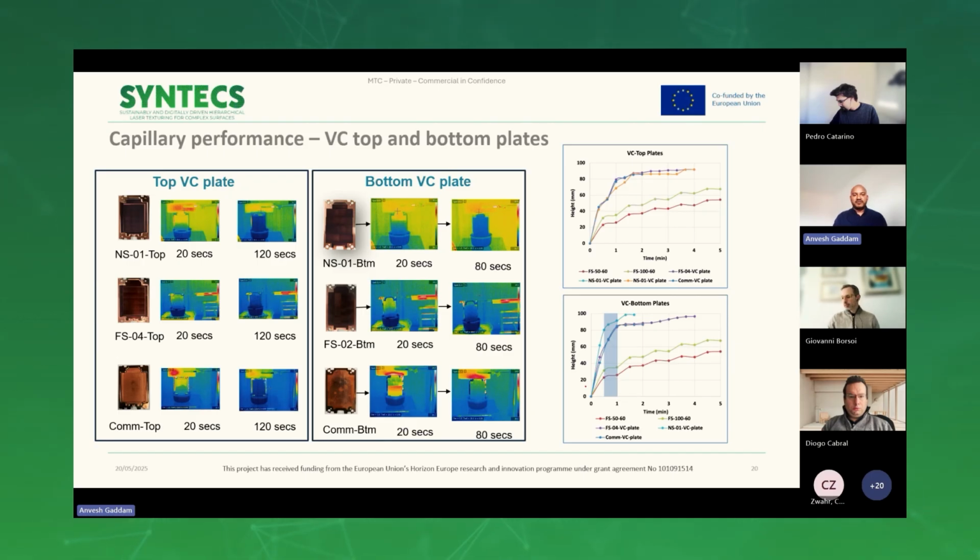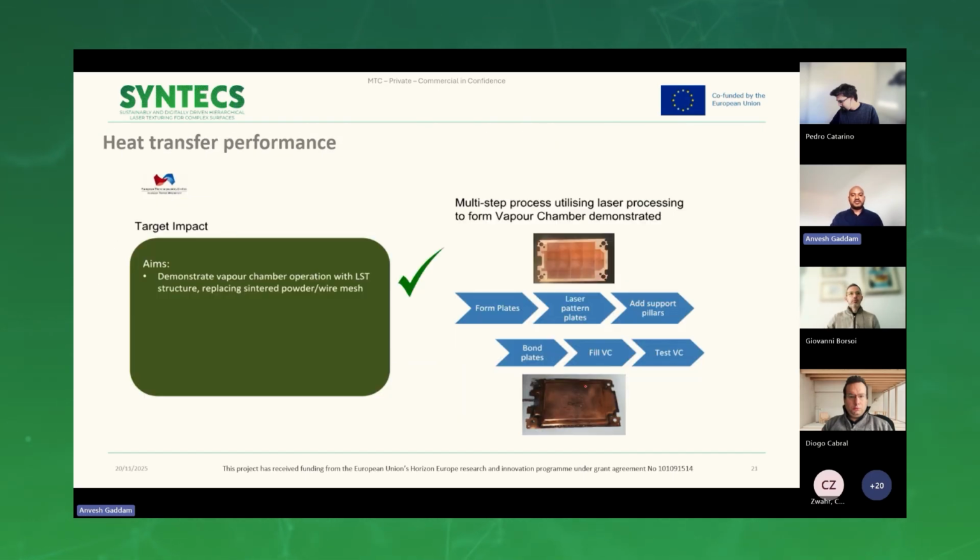And when we tested these plates with respect to heat transfer, there were some assembly steps we did before testing on the vapor chamber. Both plates are initially laser patterned, support pillars were added between the two plates, and the plates were laser welded, filled with vapor chamber liquid, and finally tested for heat transfer.